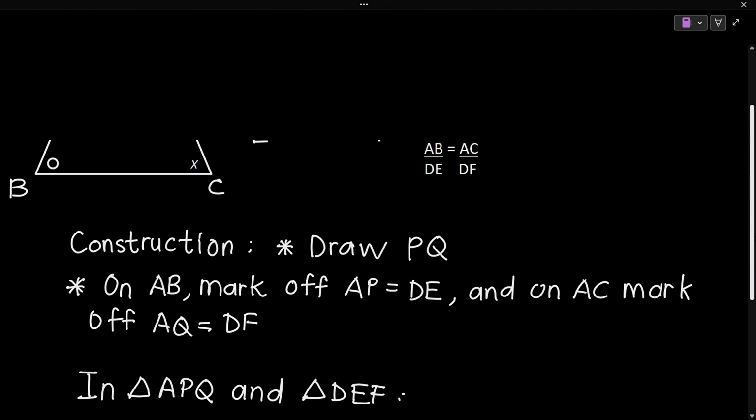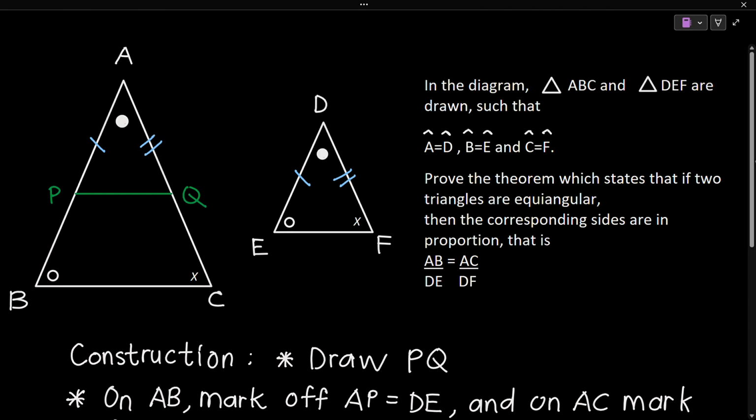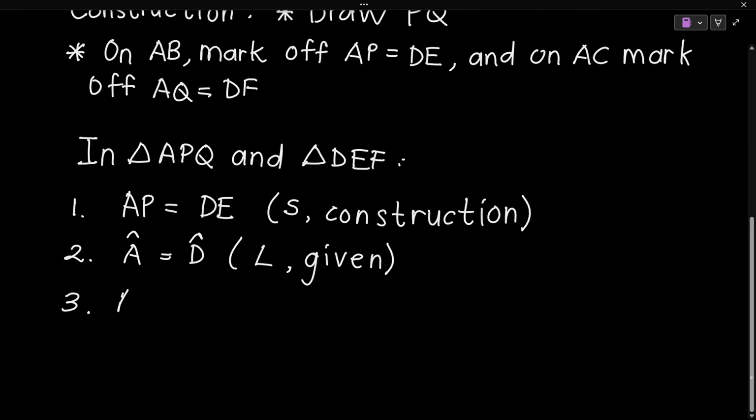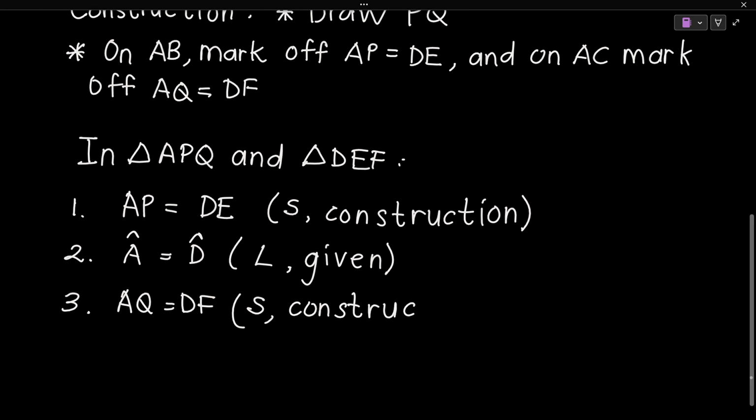And the third thing that we notice is the same about these two triangles is side AQ is equal to DF. Again, that comes from our construction. So we're going to say AQ is equal to DF. That is a side, and that comes from our construction.